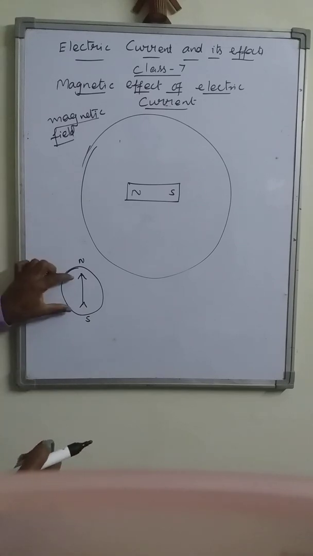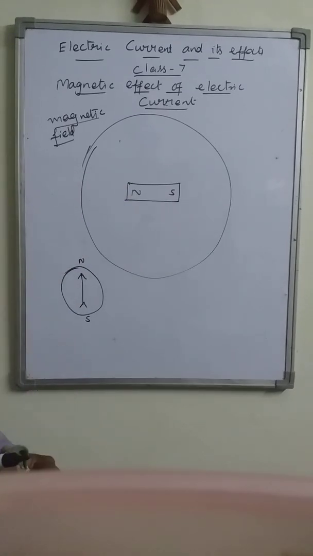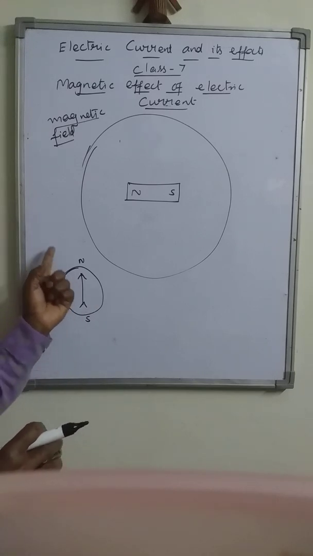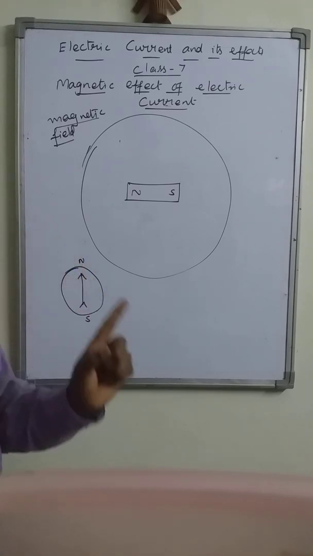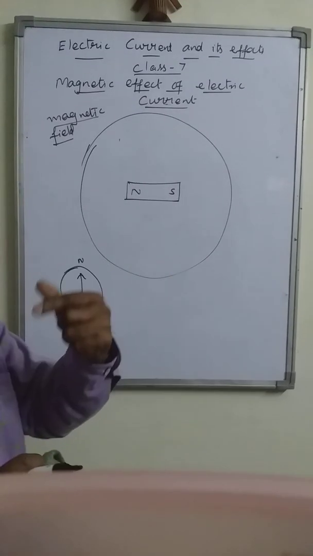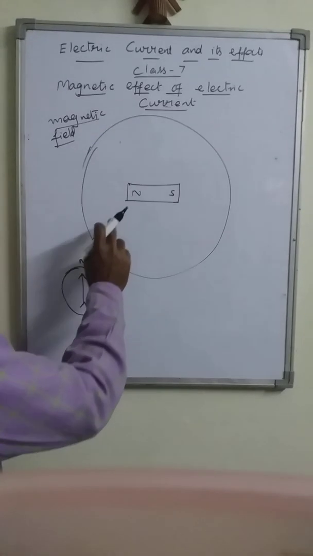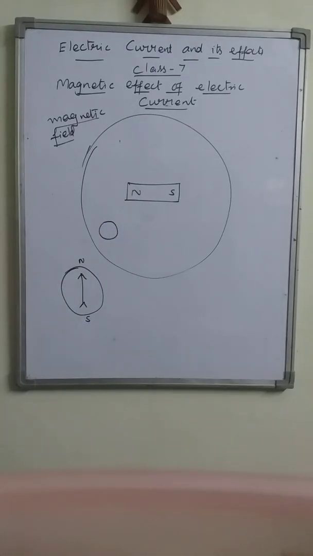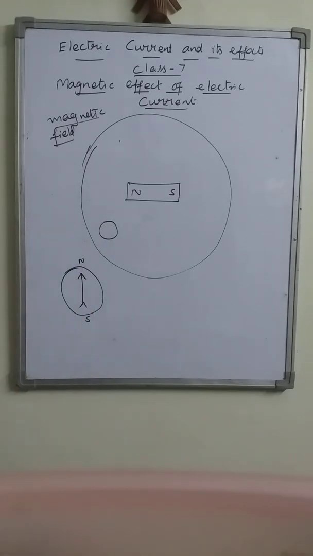But when the same needle is placed inside any magnetic field, or if a magnetic field is developed around this compass needle, then the compass needle shows some deflection.